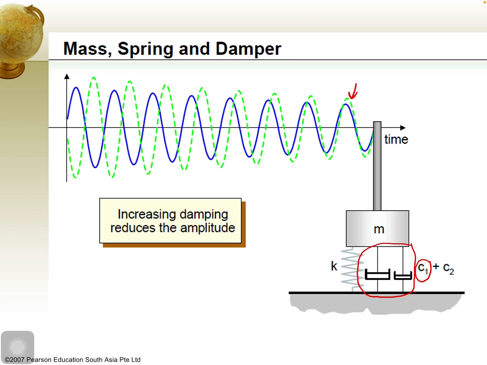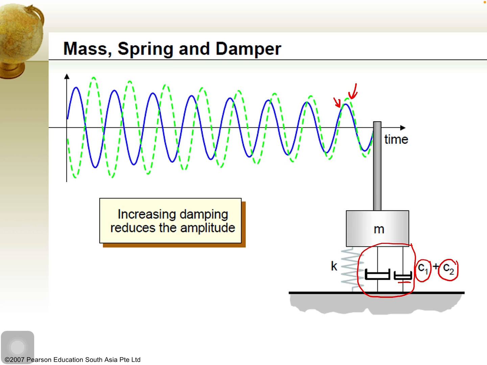And after that, we add another damper, the smaller one, C2. So the green line changes to the blue line, and we can see that increasing damping reduces the amplitude.